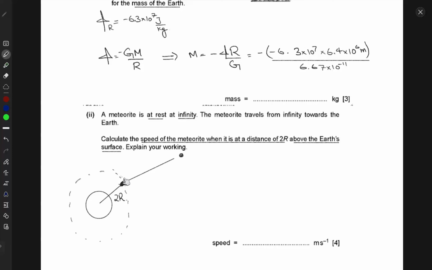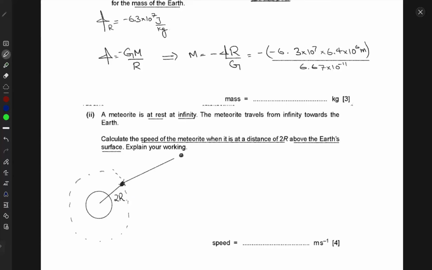So anyone in the class who would tell me how would we go about this problem? How can I find the velocity of this meteorite, which at one point was somewhere very far from the Earth, and now it is at some point which is 2r from the center of the Earth?